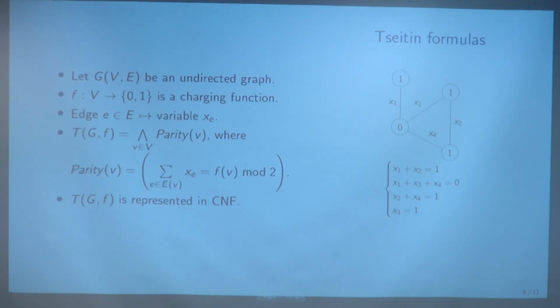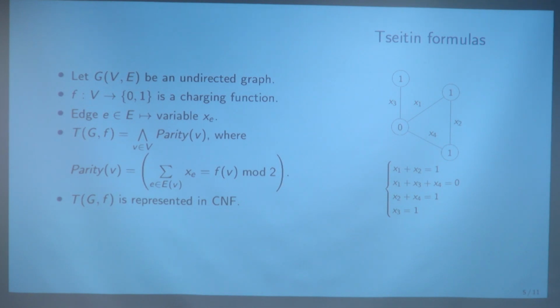Now I will define Tseitin formulas. So we have an undirected graph G and a charging function f, which maps vertices to 0 or 1. And each edge has a corresponding variable x_e. The Tseitin formula consists of a conjunction of parity statements.